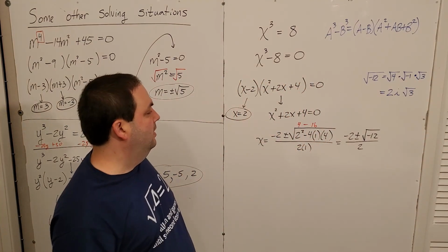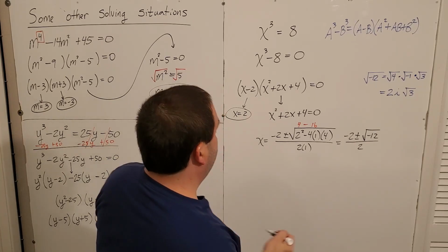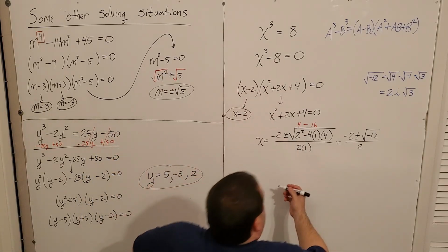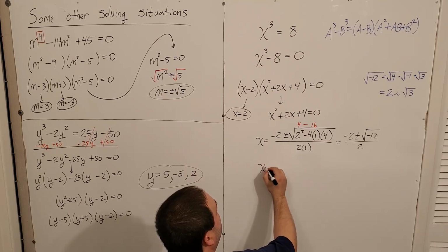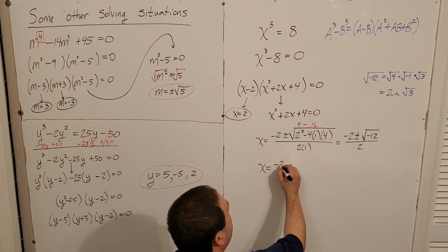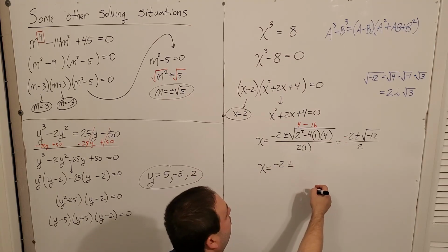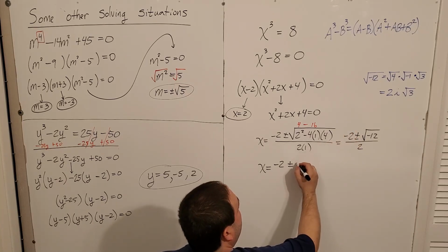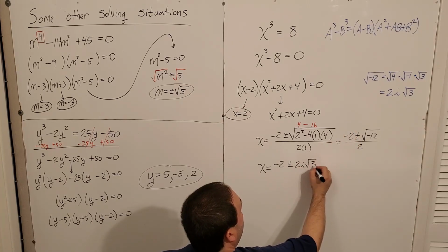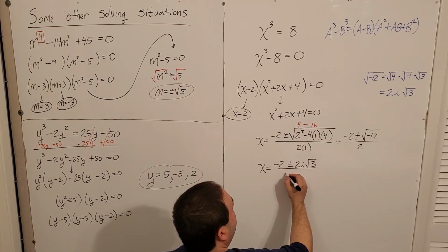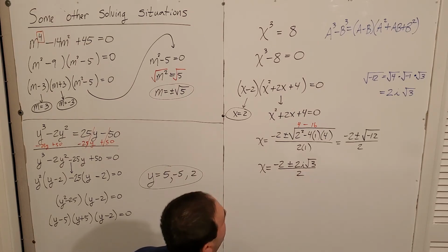Alrighty. So let's finish up our solution here. Or solutions, plural. x is equal to -2 plus or minus, the simplification there is now 2i square root of 3, all over 2, right?